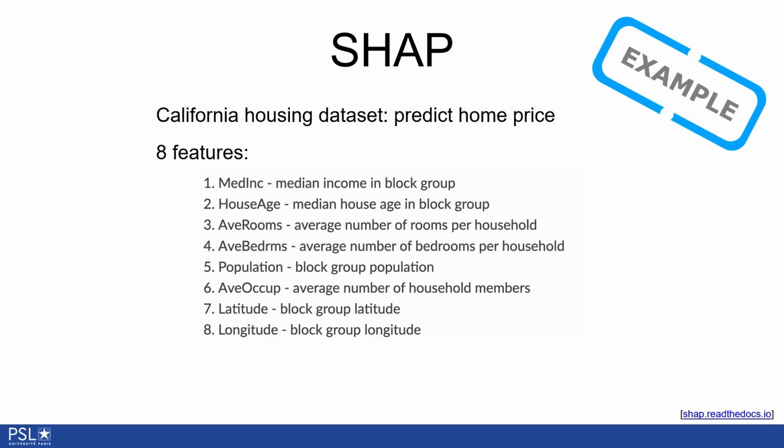Let's look at a concrete example of SHAP on a classical dataset, the California housing dataset. This example is taken directly from the implementation of SHAP available online. Here, the goal is to predict home prices based on 8 features: median income, median house age, average number of rooms and bedrooms, the population and average occupation in the block, and the geographical location given by latitude and longitude.